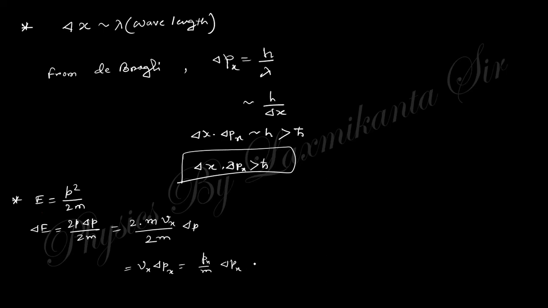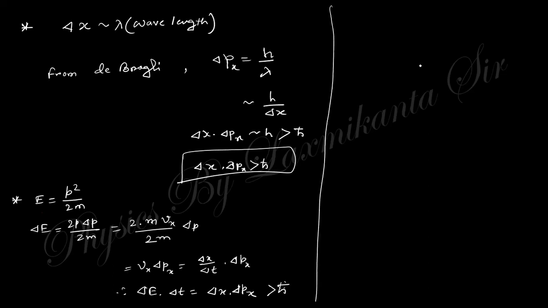So finally we get V is nothing but delta x by delta t into delta Px. So delta E into delta t equals delta x into delta Px. So you will get these two equal, so this must be greater than h cross.